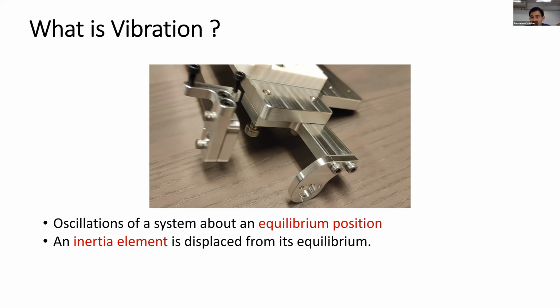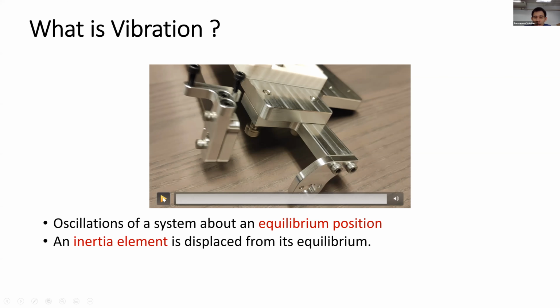So if we don't have inertia, maybe vibration has no meaning. If you only have a spring but don't have the mass in the system, the spring without mass is nothing. The vibration will have meaning if we have the inertia property in the system.